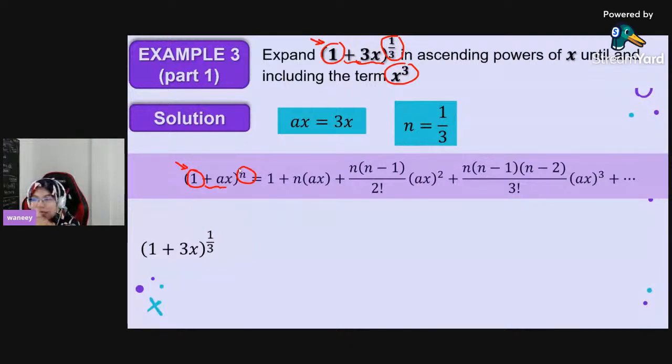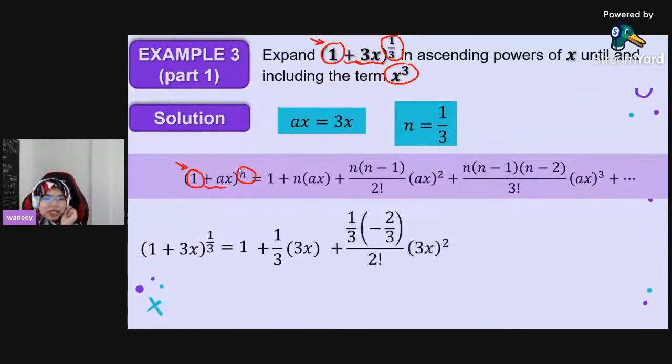The first term is definitely 1. No choice. You will not have anything else other than 1. And then n multiply with ax, so we have 1 over 3 multiply with 3x. That is n ax. And then n minus 1 over 2 factorial ax squared.